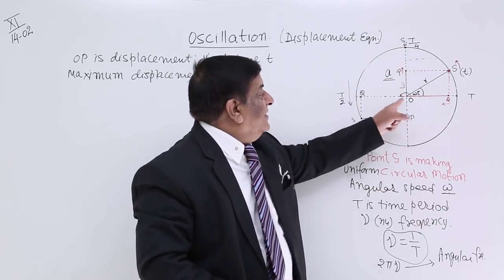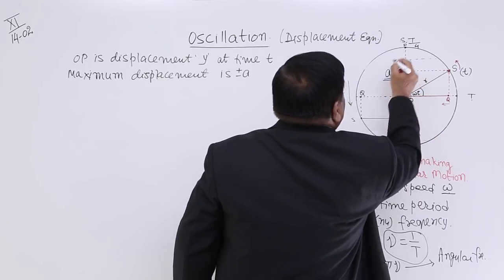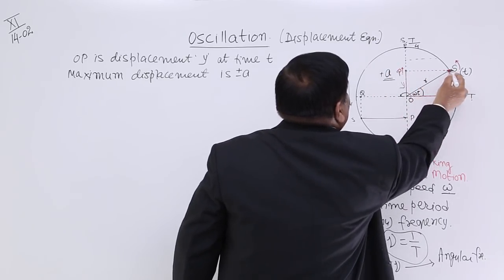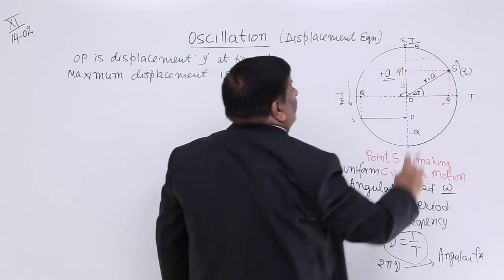When S comes here, we call it minus. And this is plus A. We know this length is equal to plus A, so we can also write A.